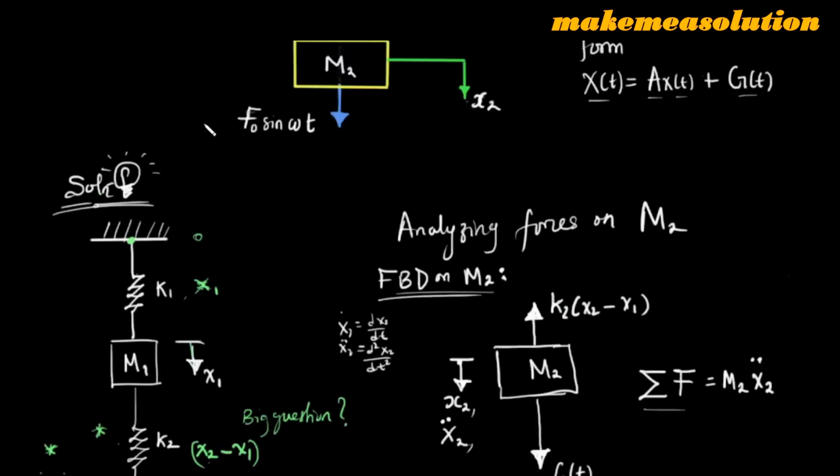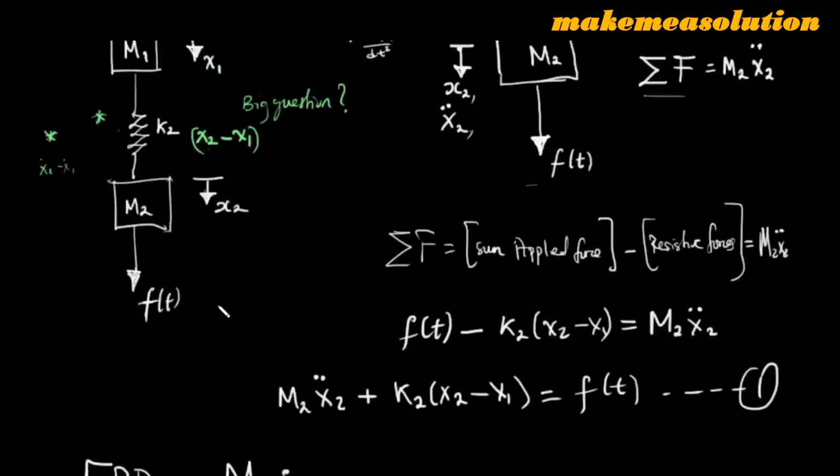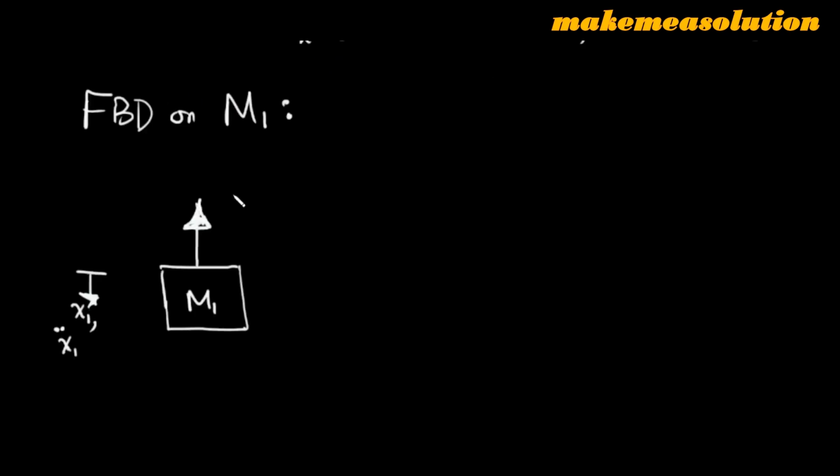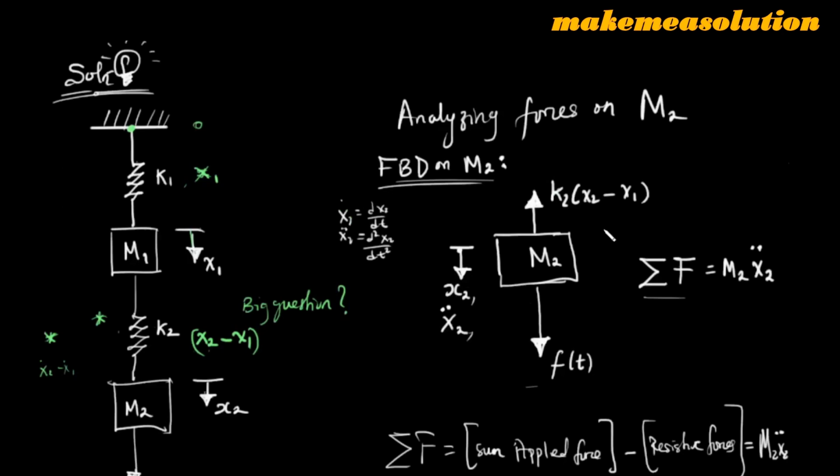So the extension that we have in this place is just x1. So the resistive force is going to be what? k1 x1. Okay, so what force is pulling m1 down? This force pulling m1 down is the same force that is pulling m2 backwards.